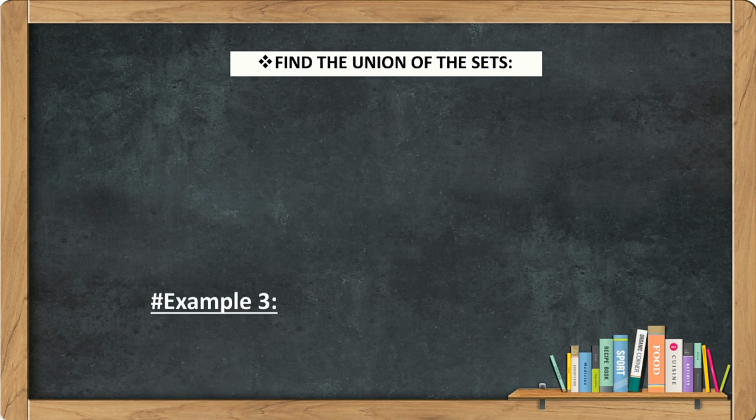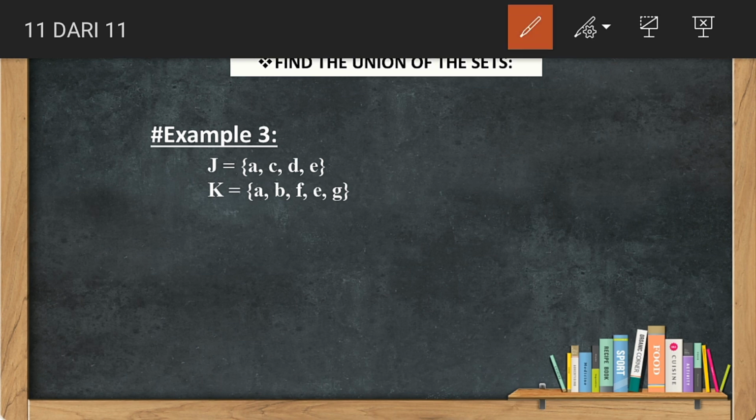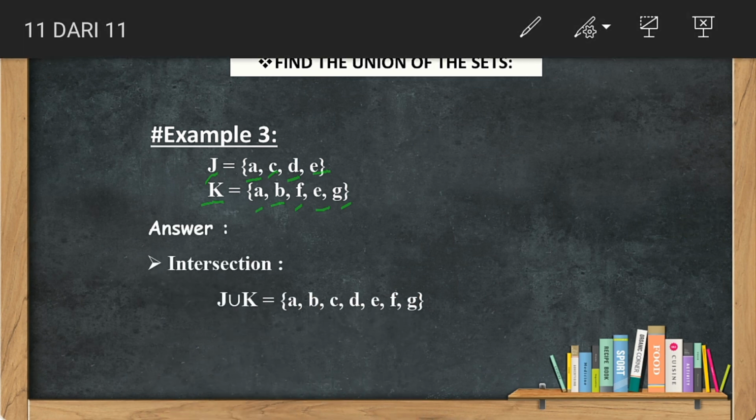Here is another example. Example 3. Let's say that set J contains the letters A, C, D, and E, and set K contains the letters A, B, F, E, and G. Go ahead and determine the union between J and K. Just like before, all we need to do is write all the letters.